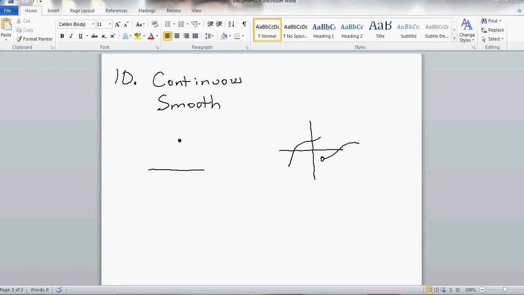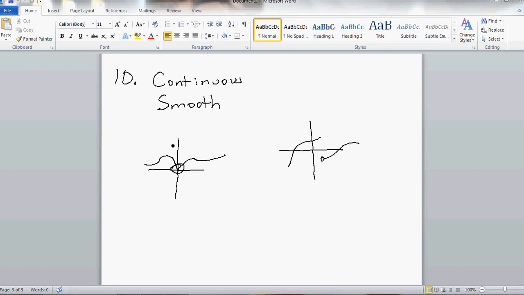An example of not smooth would look something like this. Notice right at this point right here, it's not smooth, it's very pointed. So in order for a function to have a derivative, not only does it need to be continuous, but it also needs to be smooth. So this is smooth, but not continuous. This one here is continuous, but not smooth.